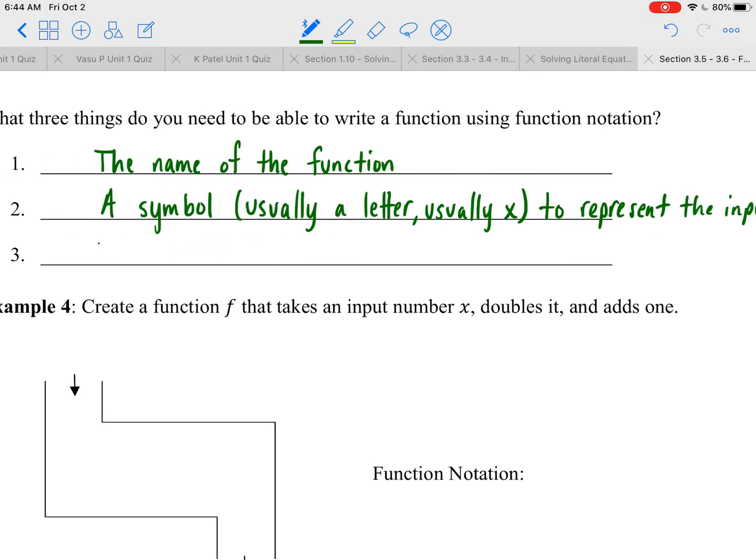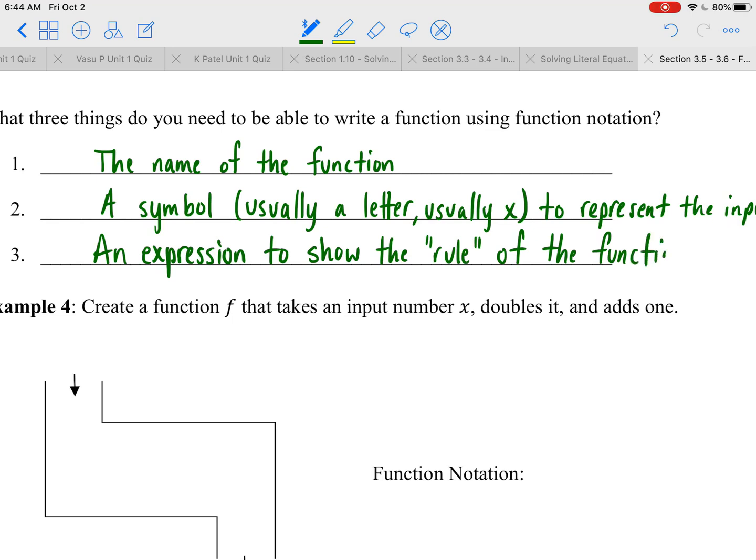And then you need an expression to show the rule of the function.